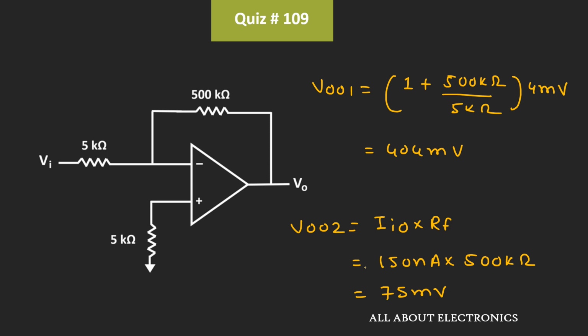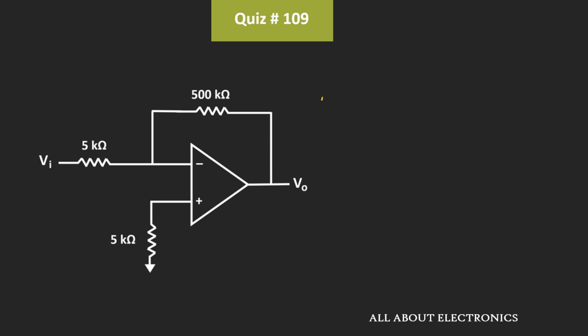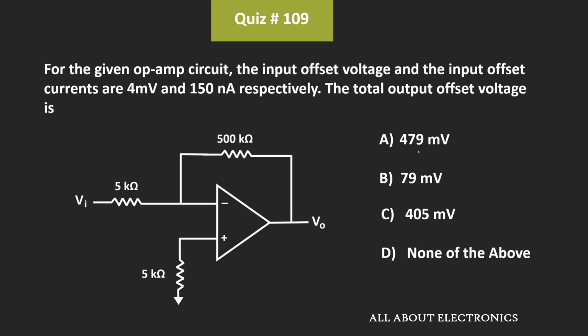So the total output offset voltage, that is VOO, will be equal to 404 millivolt plus 75 millivolt. That is equal to 479 millivolt. So from this we can say that for the given question, this A is the correct answer.